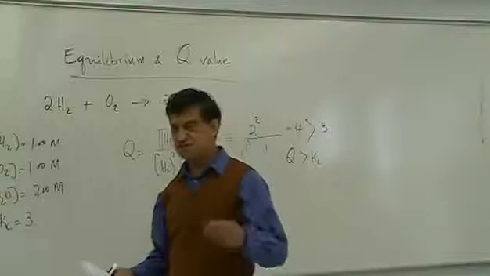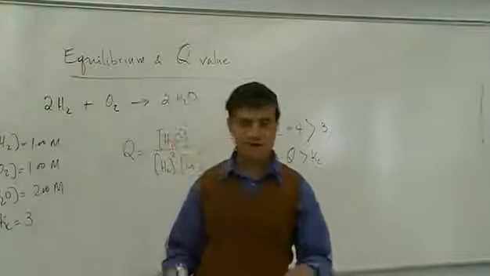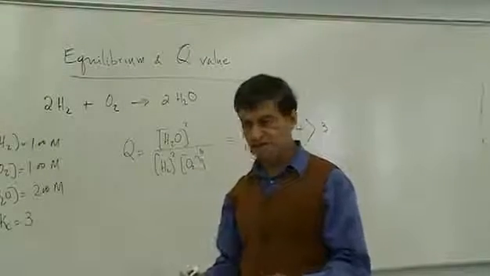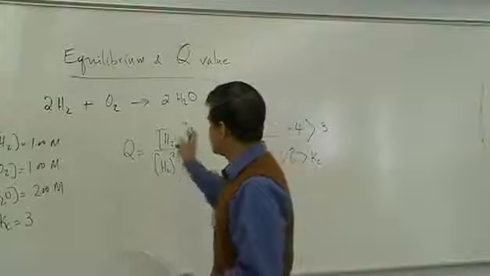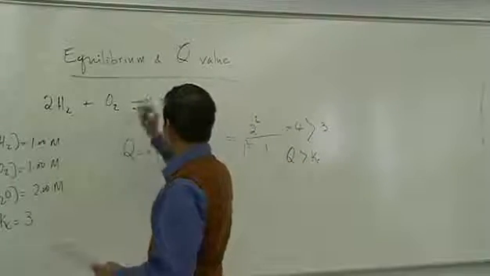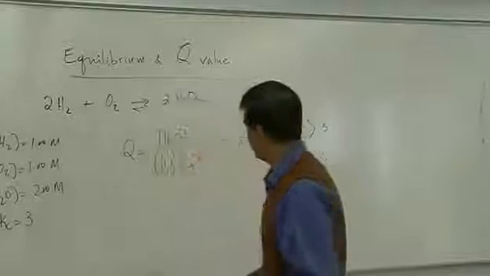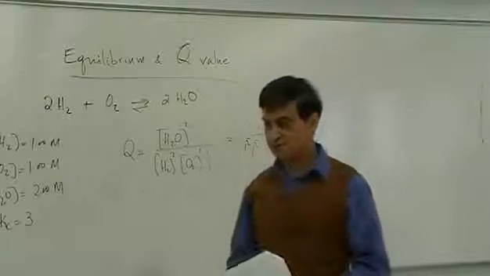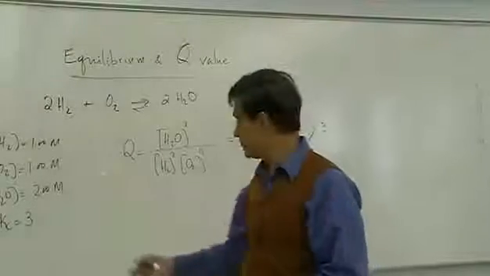Next question is, if it is greater than the equilibrium constant, how is it going to change? Q value is going to change with time, and which direction of reaction will be favored? Now normally reaction would happen both ways. When Q is greater than Kc, that means Q value has to go down.